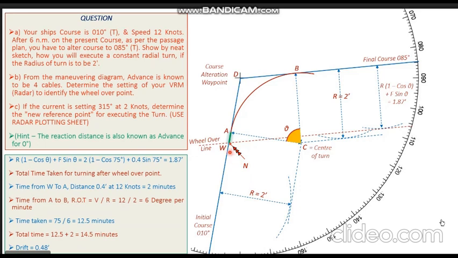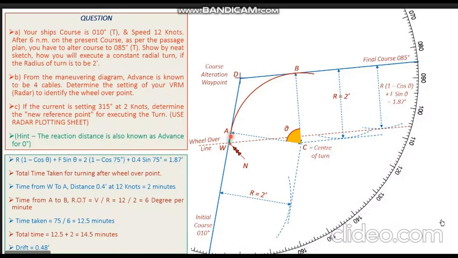Now in the initial plot, we were giving our wheel over at point W. Instead of point W, if we give the wheel over at point November now, you see, if you give the wheel over at point November and you maintain the rate of turn of 6 degrees per minute, which is calculated as per our parameters, the current is going to take us from November to Whiskey, and our rate of turn and the reaction distance is going to take us from Whiskey to Alpha and Alpha to Bravo.